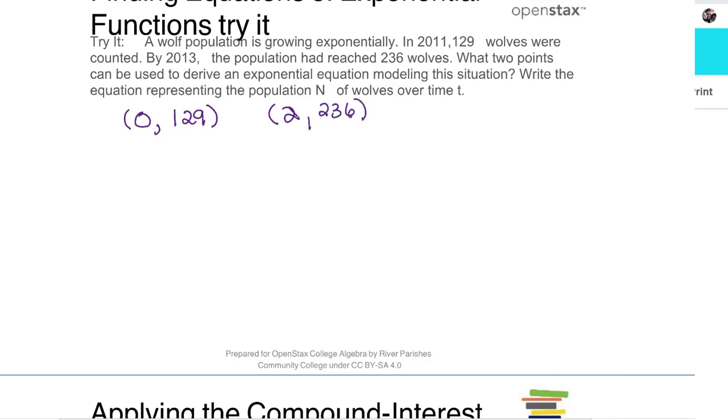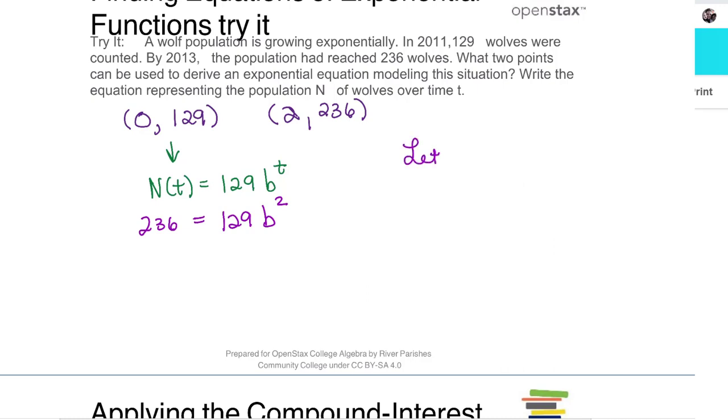So we'll use this point to write the function n of t is equal to the initial value, which is 129, times b to the t. Now we're going to substitute in 236 for n of t, and 2 for t.